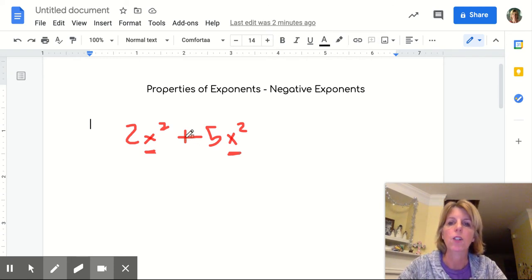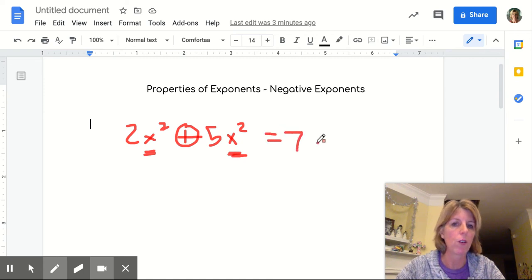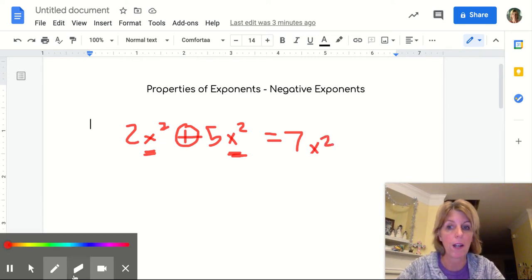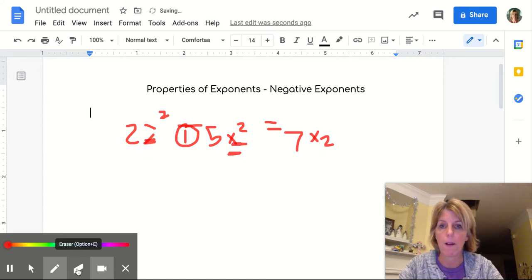So if I'm adding or subtracting, what I'm looking for is just, are these the same things? If these are the same things, then I have 2 of them over here and 5 of them over here, so I'm going to end up with 7 of whatever those things are. In this case, they're x squared. So I just need like things with like things. I'm going to combine them. So if I'm adding or subtracting, that is the case.